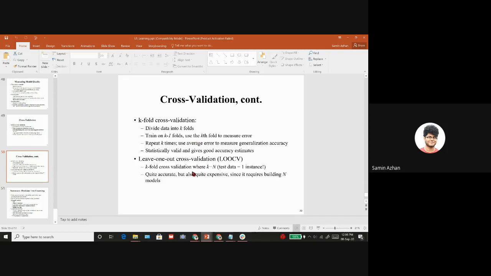And finally, there's something called leave-out cross validation. It's quite accurate. The thing about leave-out cross validation is you leave out one particular sample. You're not segmenting the data. You're randomizing everything, and then let's say in the first simulation you're using the 999 data to train your model.